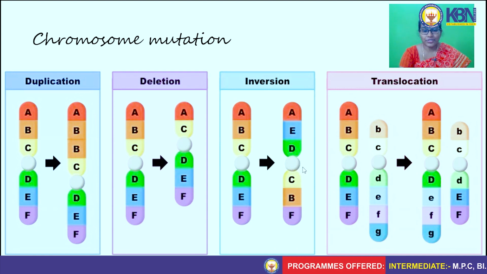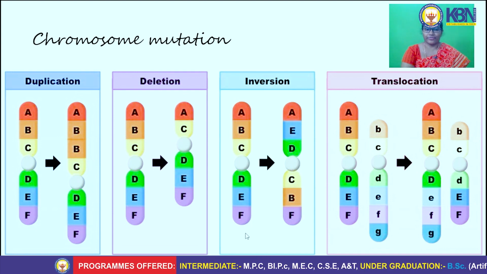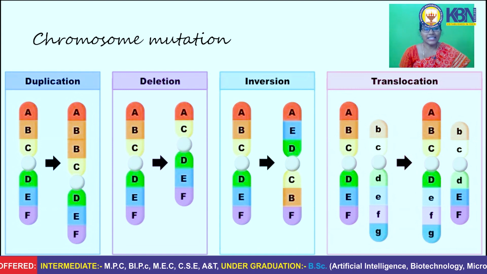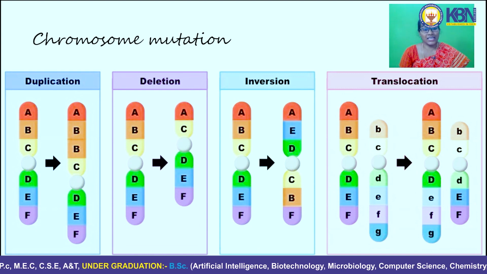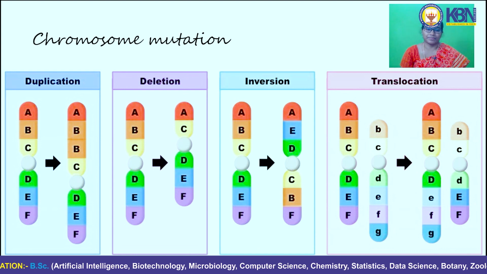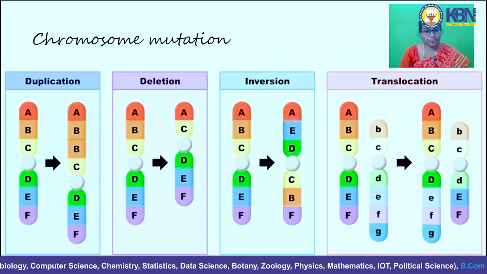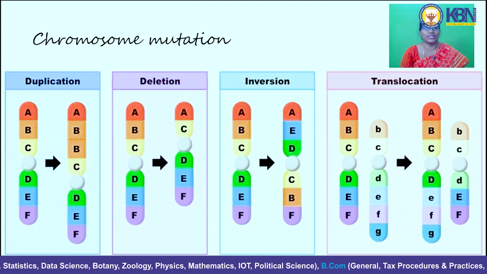And after mutation, what we have is A, E, D, C, B, F. What happened here is E, D have switched their places and C, B switched their places in inverse. This happens sometimes and the map of genes completely gets changed because of inversion.